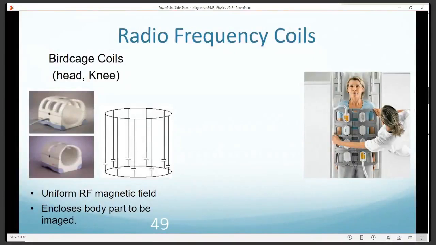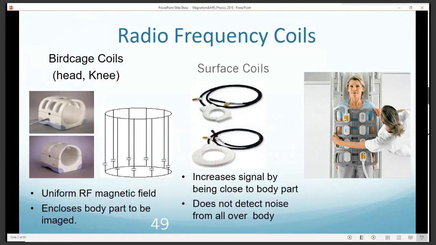But there are similarities. The older radio frequency coils were what we call birdcage type coils. Put the knee and the arm in those. You still see a lot of these around. The newer ones are surface coils, which are smaller coils. You can receive more signal from them if you're imaging smaller parts.